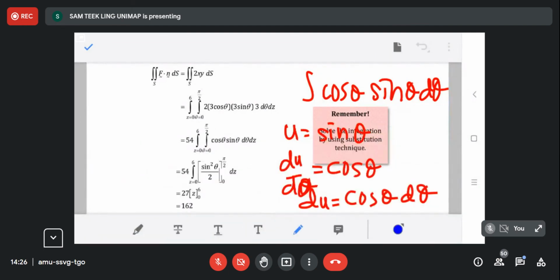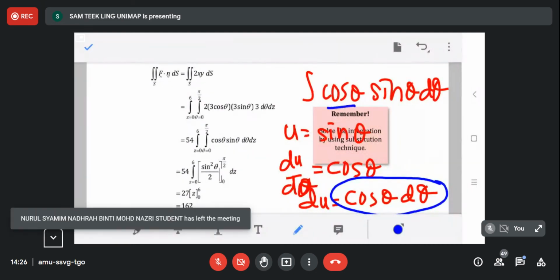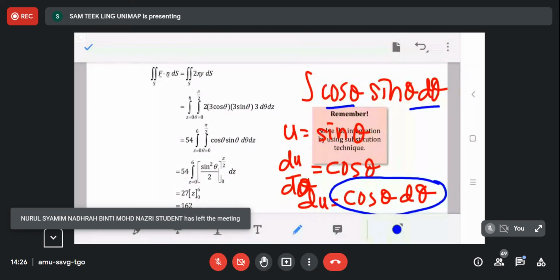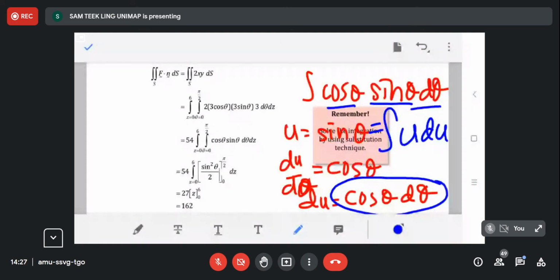So it's come from here. Cos theta d theta is du. So when you integrate, it's du. Then my sine is u.